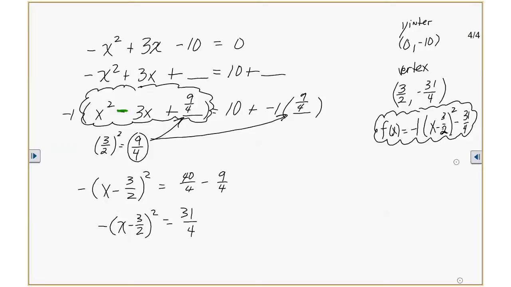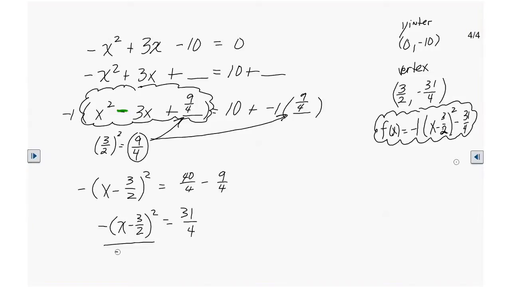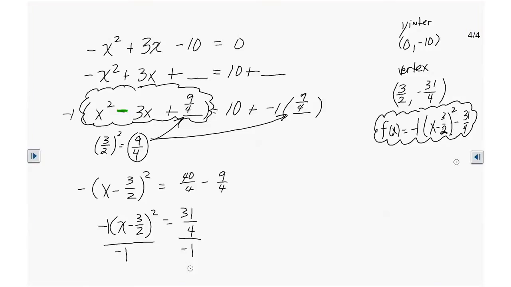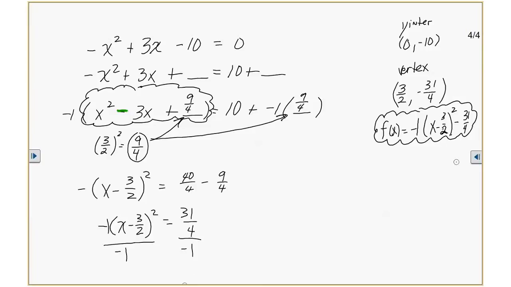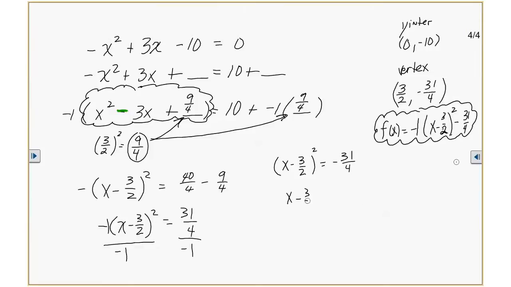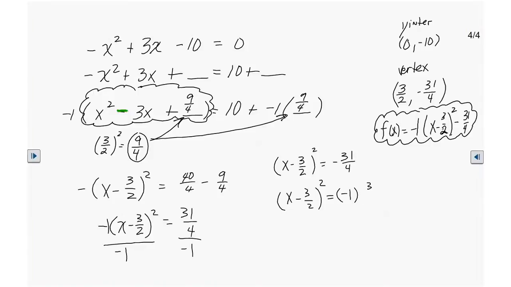So at this point, now we're going to solve. Divide by negative 1. There's that negative 1 right there. Divide by negative 1. And x minus 3 halves quantity squared is equal to negative 31 fourths, which is negative 1 times 31 fourths.